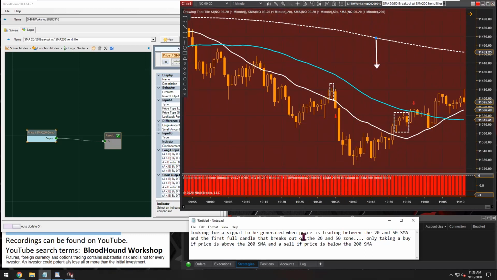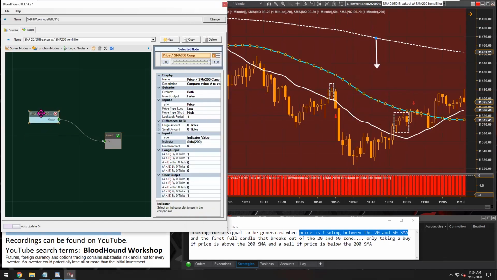The next part is we need to identify when price is trading between our 20 and 50 SMA, our two medium speed SMAs. That will be a combination of things.